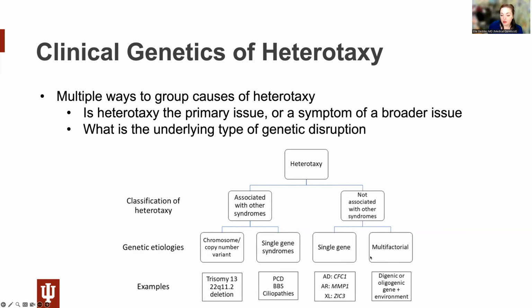Or this, what we're calling multifactorial digenic. Oligogenic is a fancy way of saying all those combinations of variants together, and plus or minus environmental factors, which might contribute to that game of telephone of disruption, or even sometimes correction.